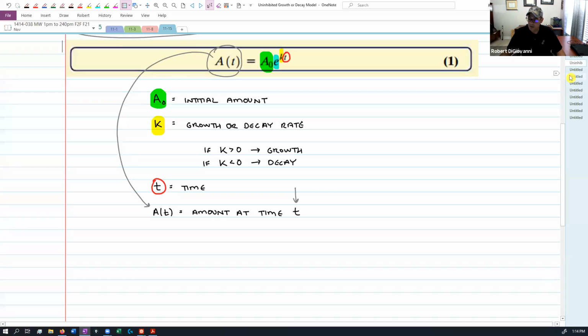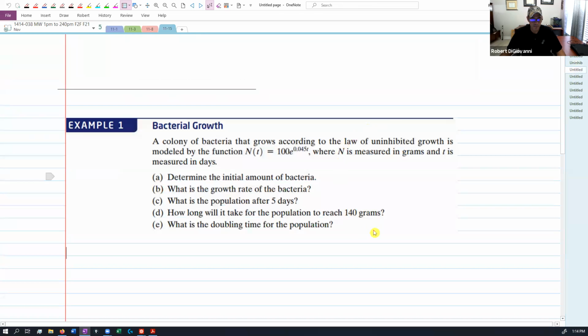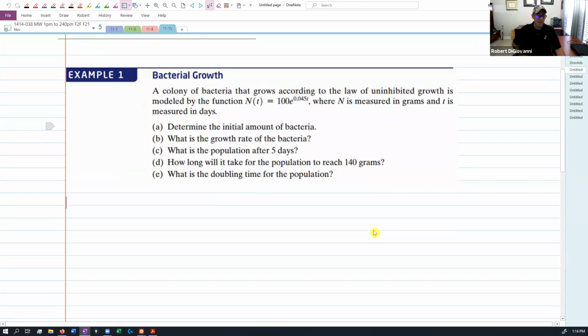So with that formula, let's look at our first example. And this is an example of bacteria growth. I remember when I was first telling you about exponential growth, we did an example in class where I was folding up paper. This is along the same lines, but now we have something that has been observed through a scientific method. So someone has done some research.